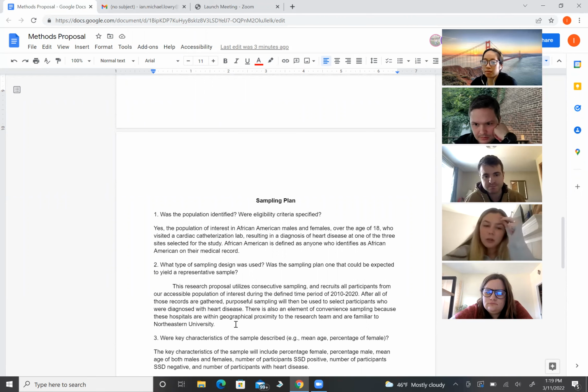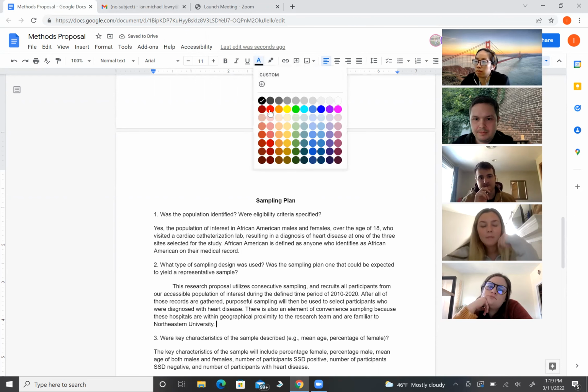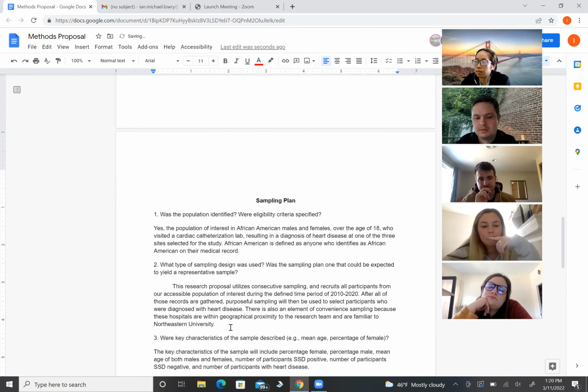I just had a question. I know we talked about it before, but should we specify that it's excluding sickle cell trait only? I think that's a really good point. Because there is overlap.